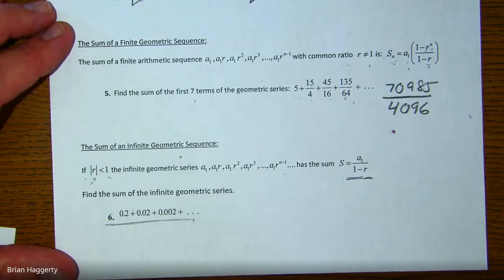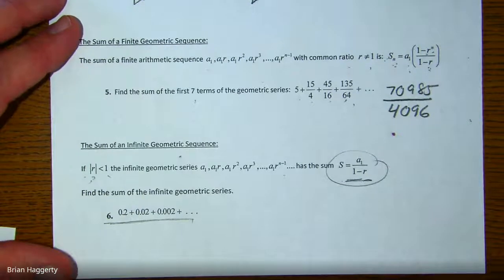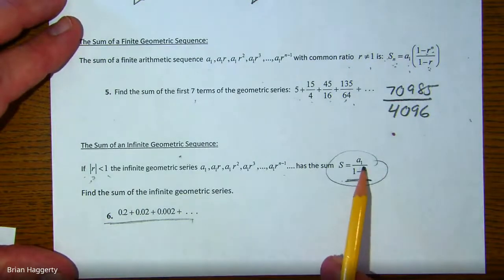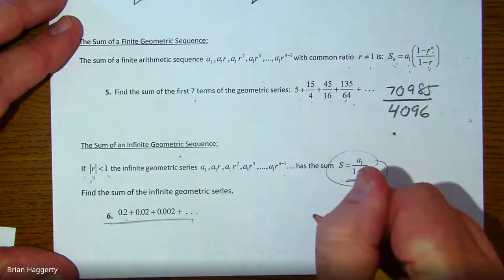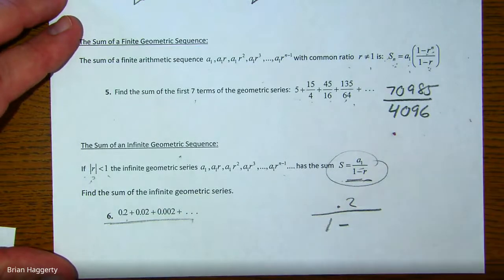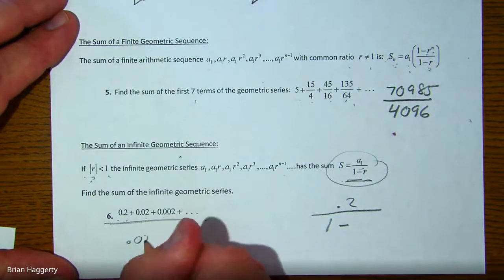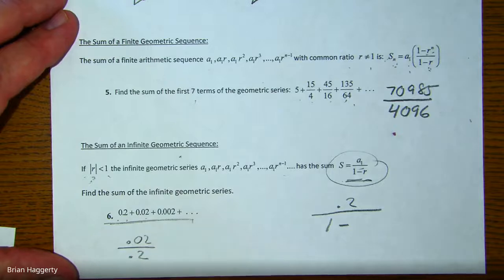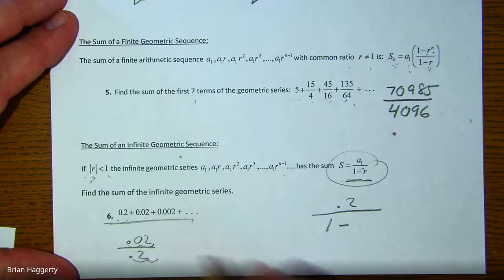We want to sum that up, or we're summing from 1 to infinity. In order to use this formula, we need to know what the first term is. So in this case, it's 0.2. 1 minus, what's our common ratio? Well, the second term divided by the first term. 0.02 divided by 0.2. 2 places, 2 places.